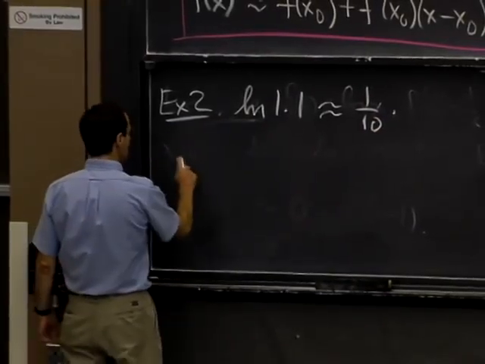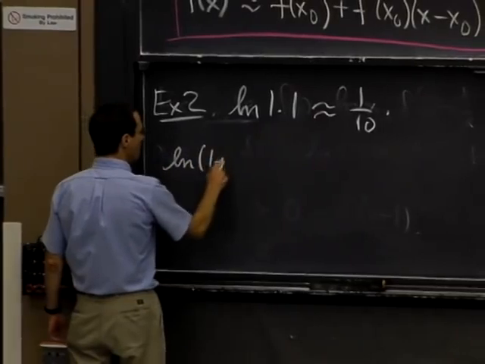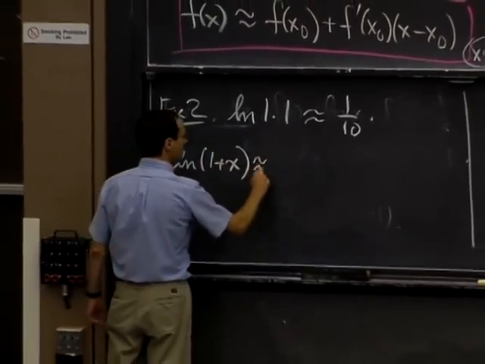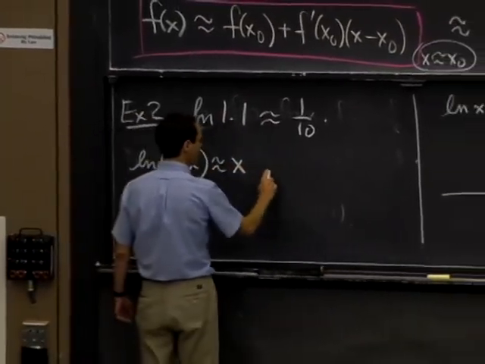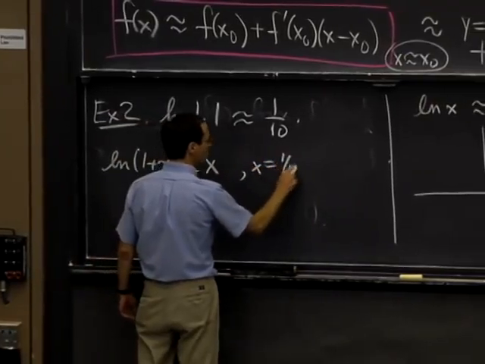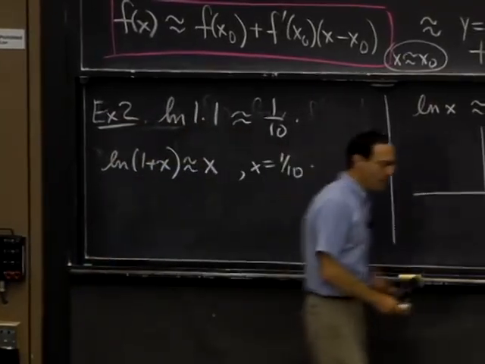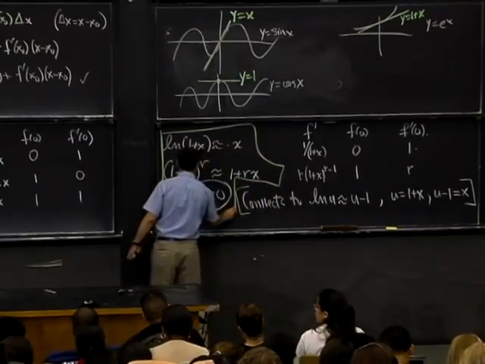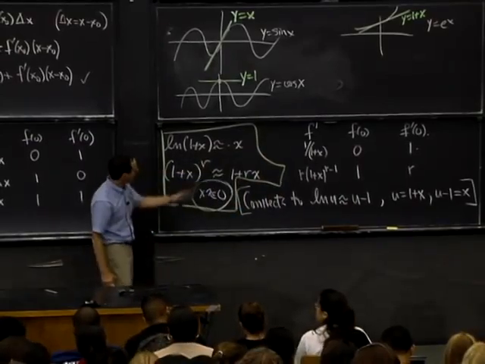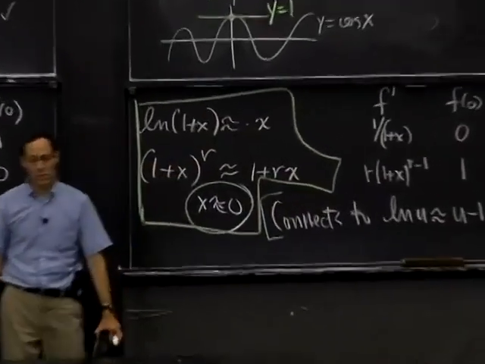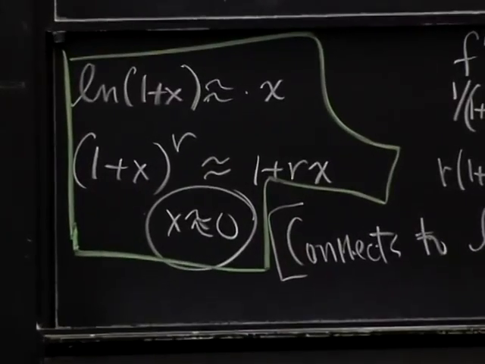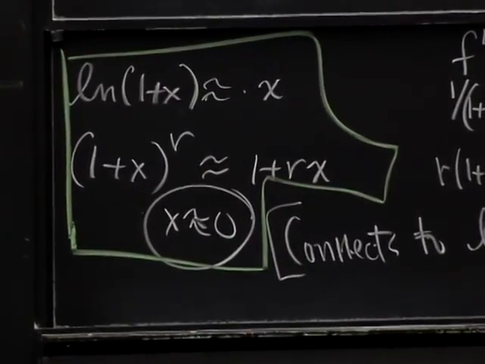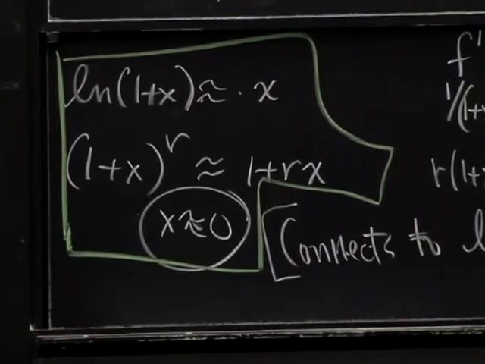I used that the log of 1 plus x is approximately x, and the value of x that I used was a tenth. All right, so that is the formula. So maybe I should put a box around these two formulas too. That's this formula here applied with x equals a tenth. I'm claiming that a tenth is a sufficiently small number, sufficiently close to 0, that this is an OK statement.